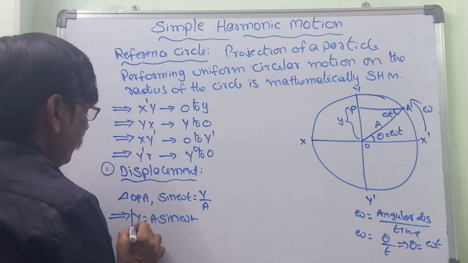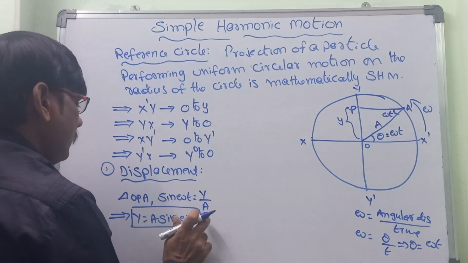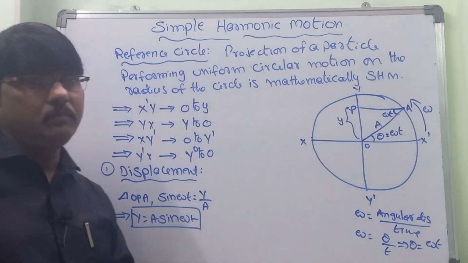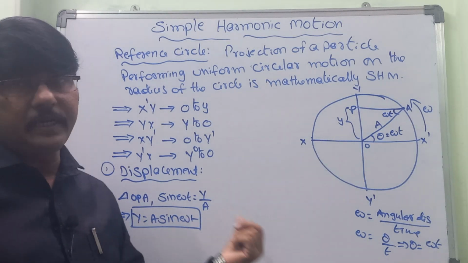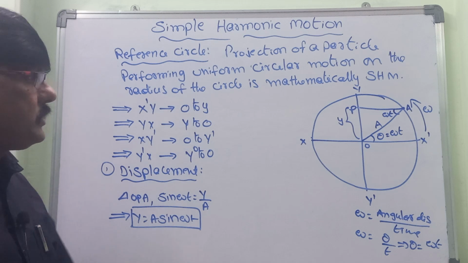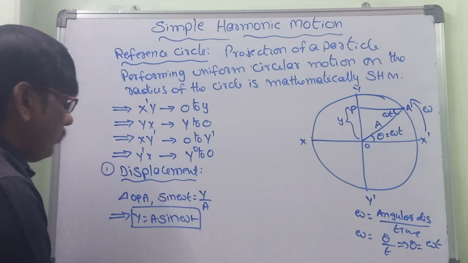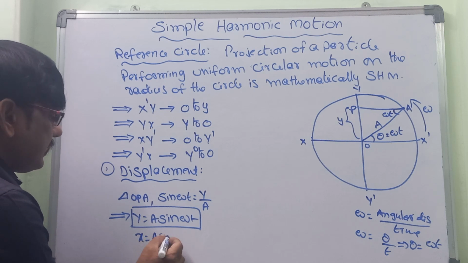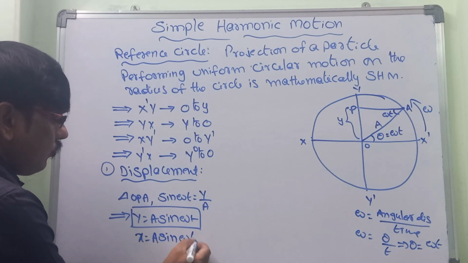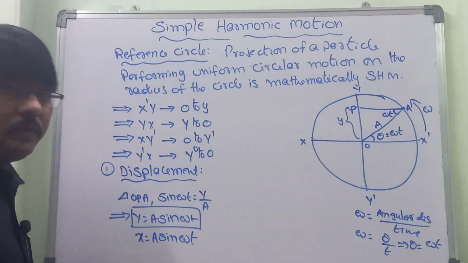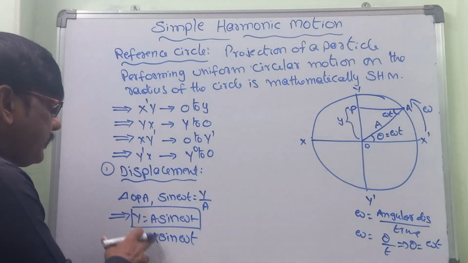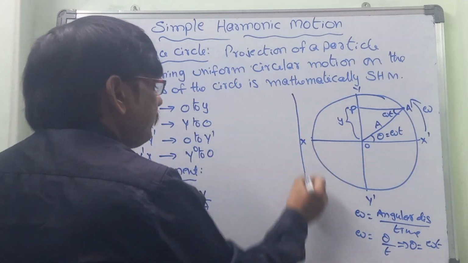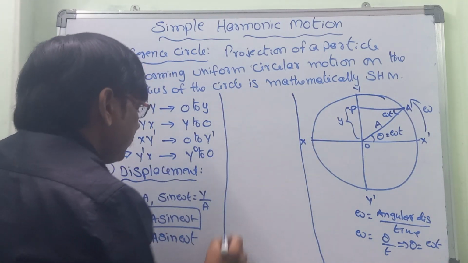This is the very popular expression for displacement in simple harmonic motion. Sometimes instead of y we can take x also, it doesn't matter: x is equal to A sin omega t is also an expression for the displacement.